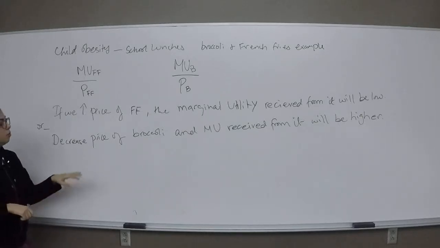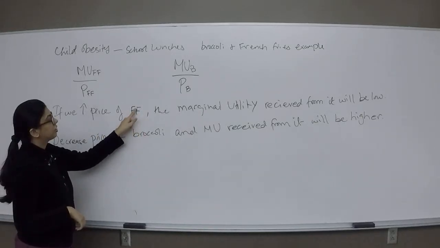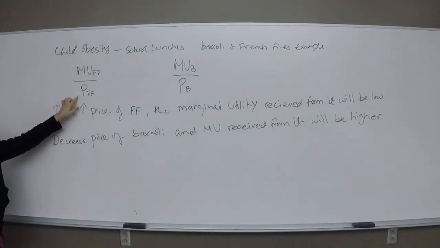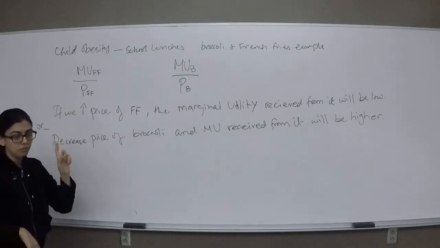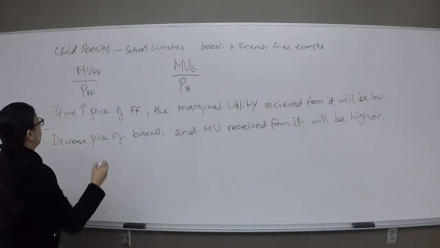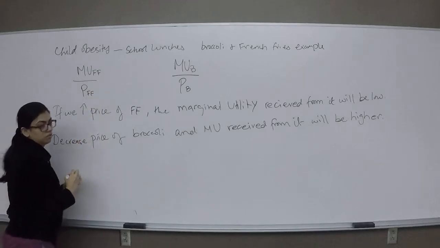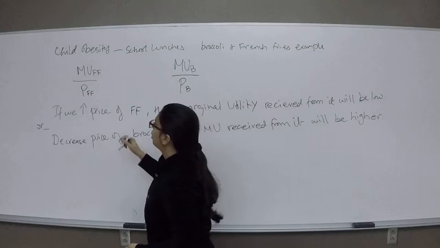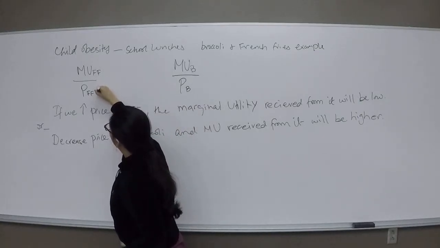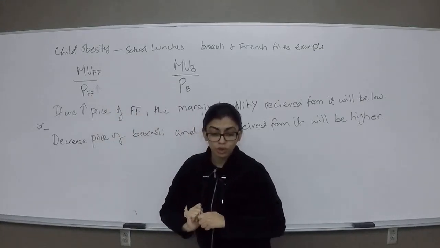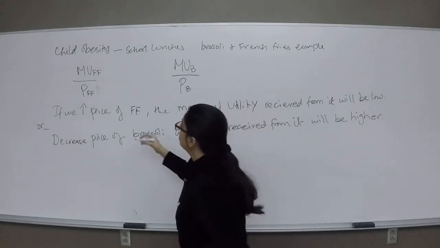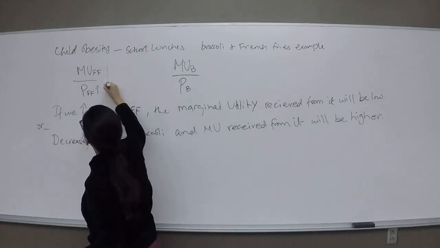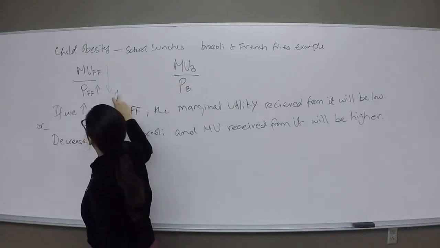But one way to change that could be if we increase the price of French fries, what will happen to your marginal utility per dollar of French fries? It will go down. So if you increase the price of French fries, marginal utility per dollar of French fries will go down.